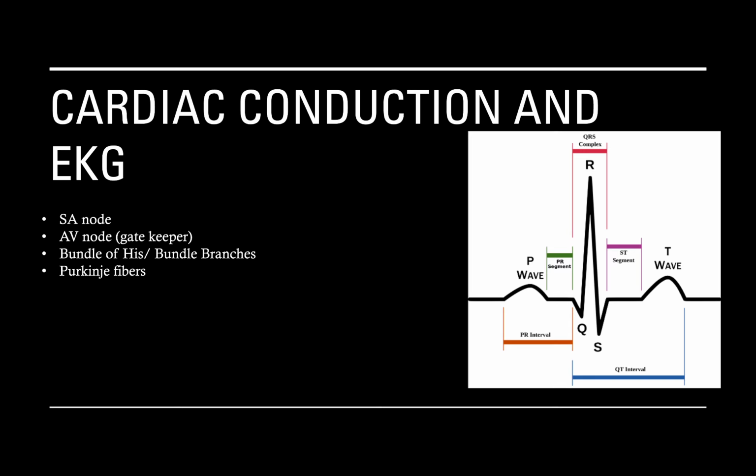You will not see the atrial repolarization because it is hidden under the QRS complex. And then after the QRS complex, you have a T wave, which is representative of the ventricle repolarization.